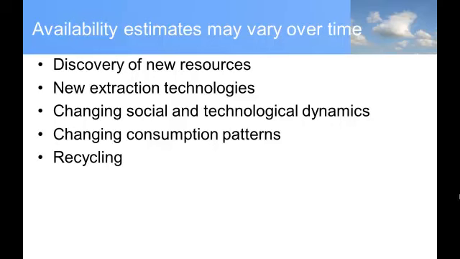Today it is, because there have been improvements. So these discoveries of new extraction technologies can change some of these economically recoverable estimates. Of course, so can changes in consumption patterns, changes in technology, or more recycling.